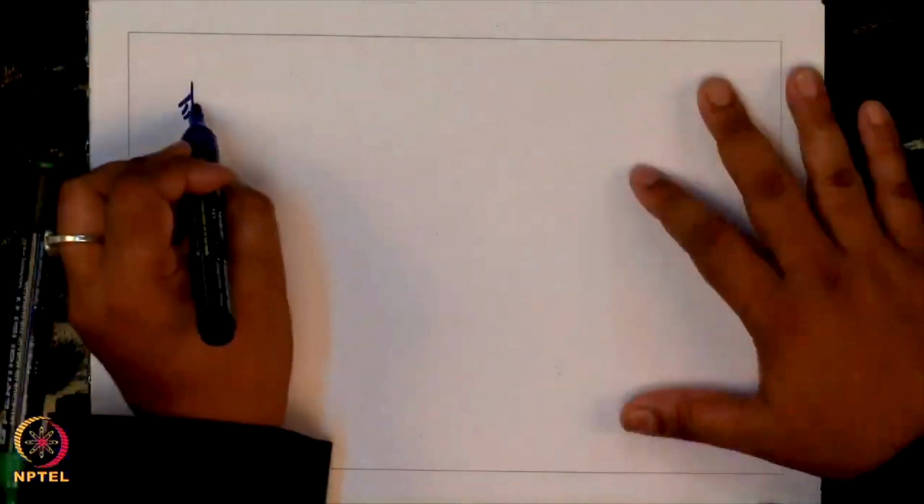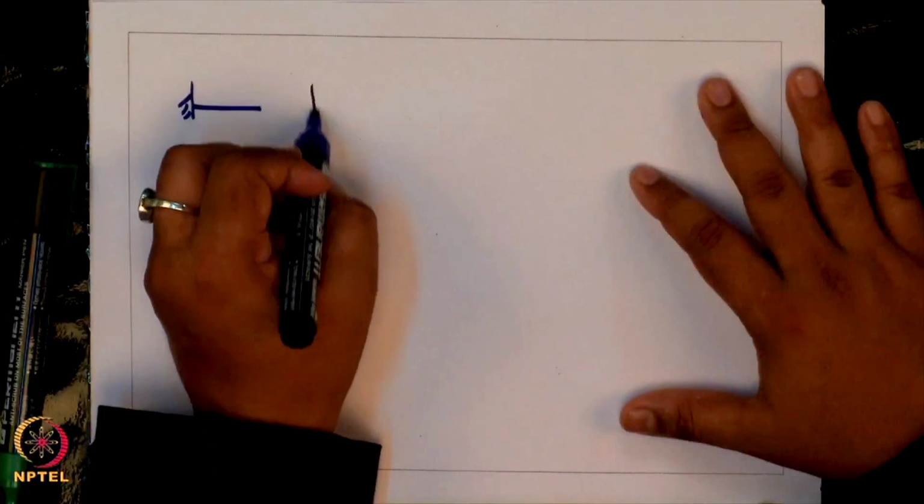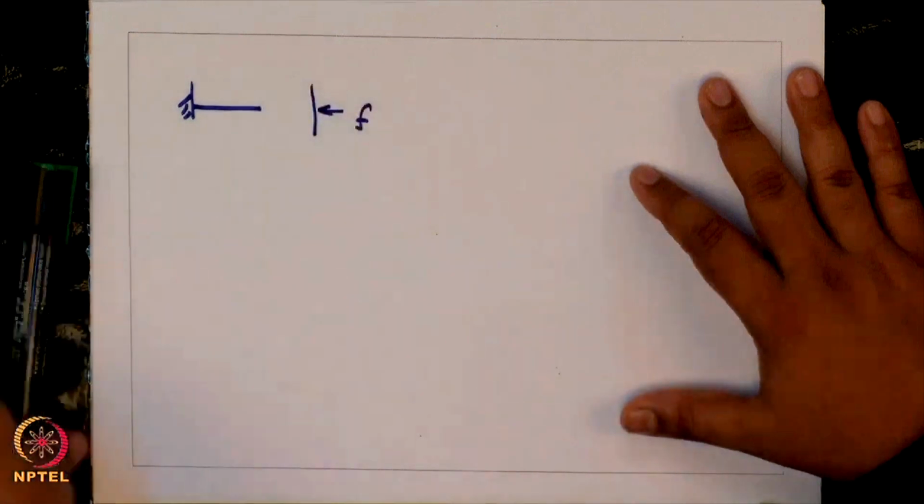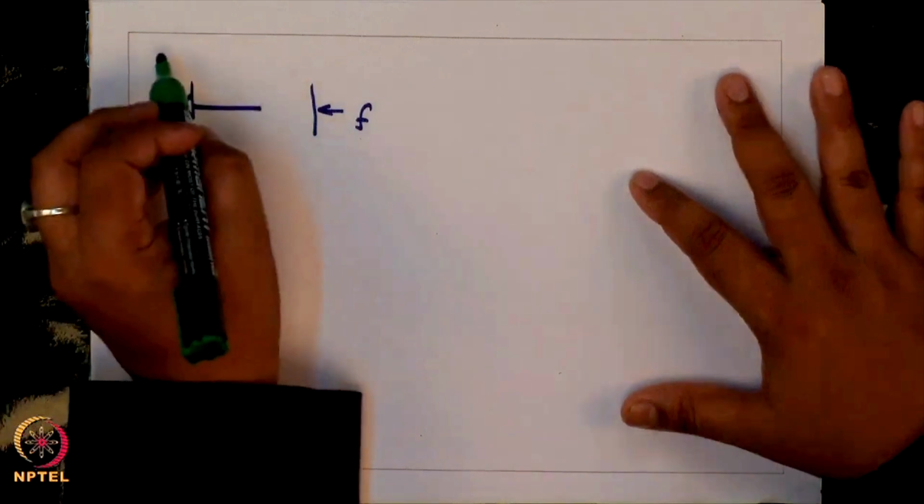Now let us see how the force-velocity relationship will look for a network. You have two length scales here.